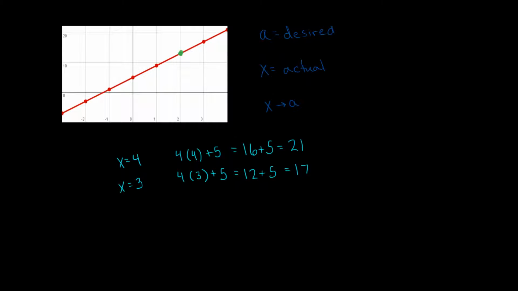All right, let's get a little closer. Let's try 2.5. We have 4 times 2.5 plus 5. Now 4 times 2.5 is 10, plus 5 is equal to 15. Let's try 2.1.